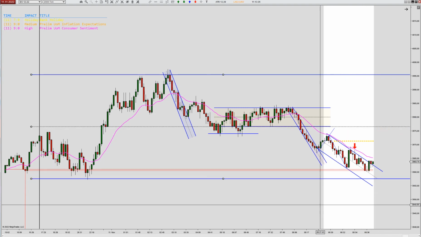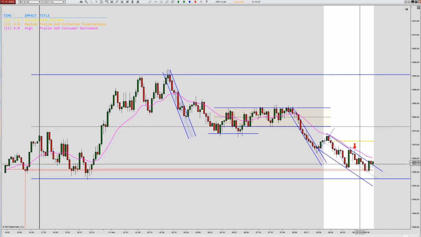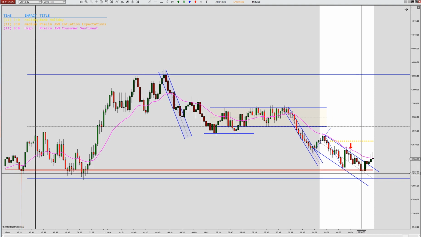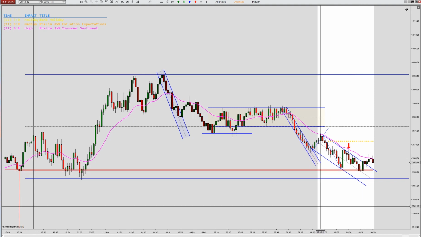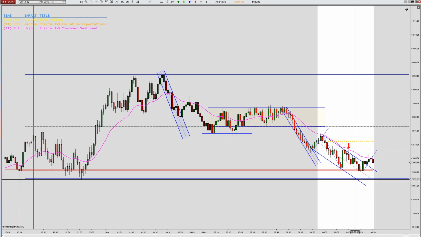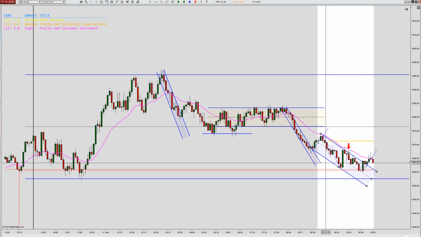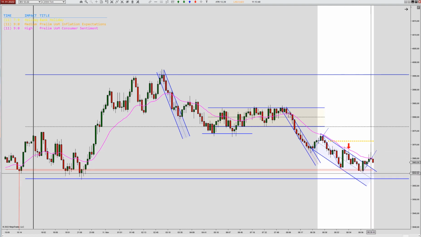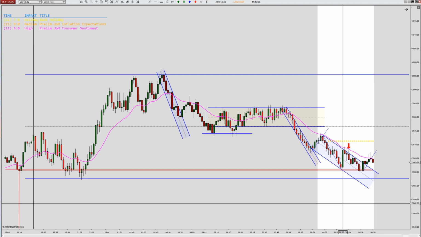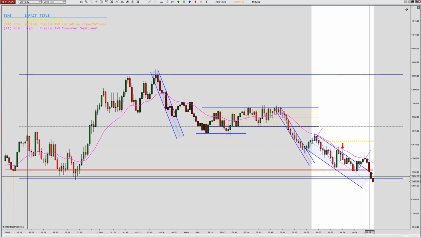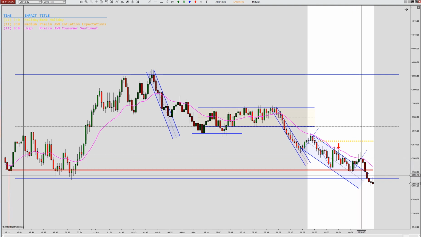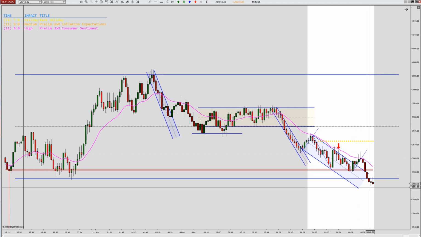Also I'm seeing the range lows here and I'm checking what prices are doing. We're breaking this channel here for the first time. Whenever prices break a channel, we wait to see if there's a retest of the lows, and the lows are retested and we are at the range lows right now.